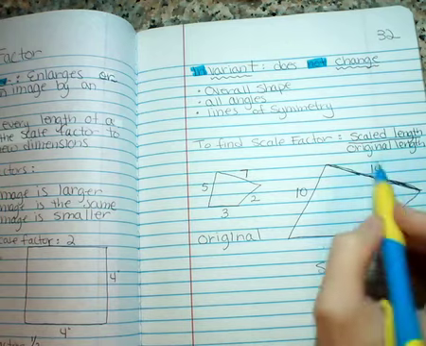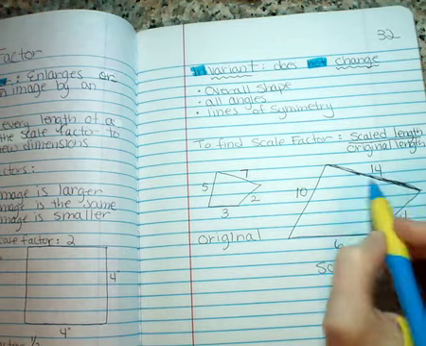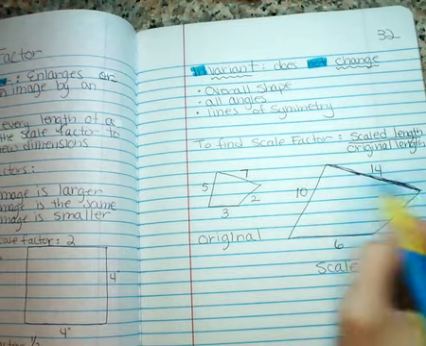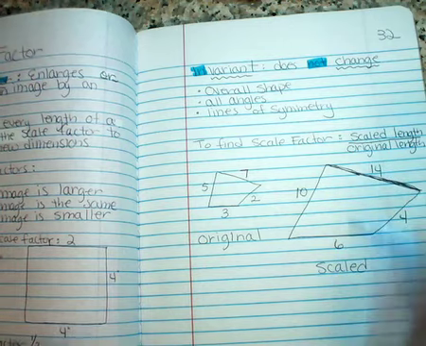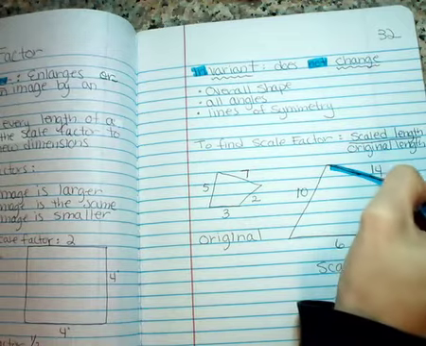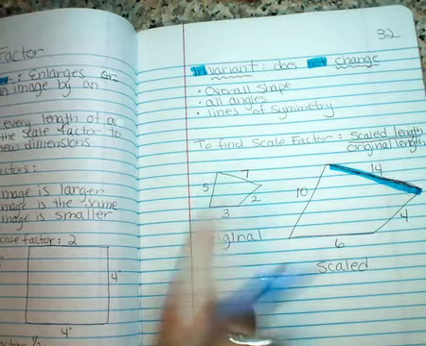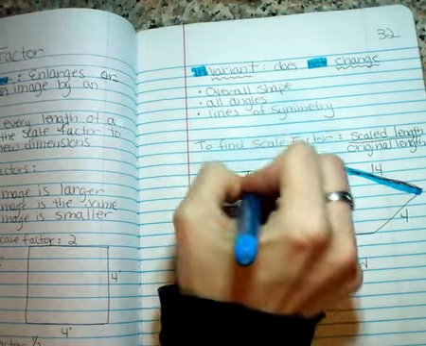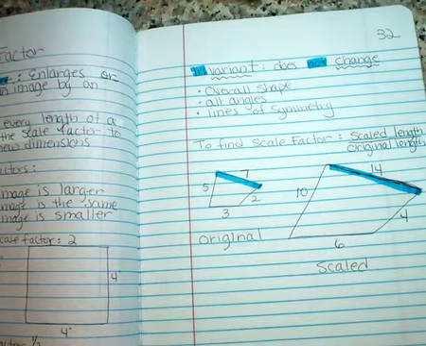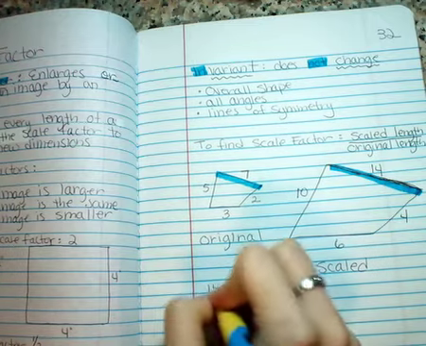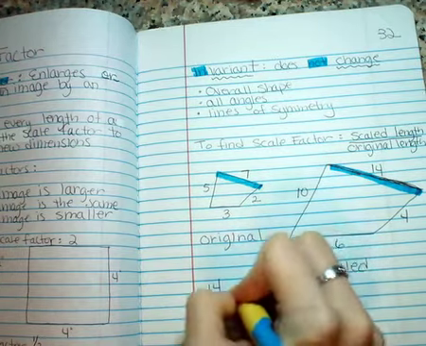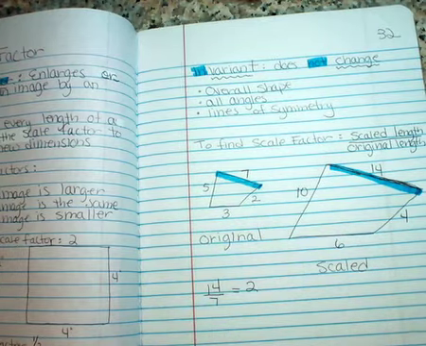So in this example, we're going to look at our scaled length for this side is 14, and the corresponding side in our original image is 7. So we are going to divide 14 by 7, which gives us 2.